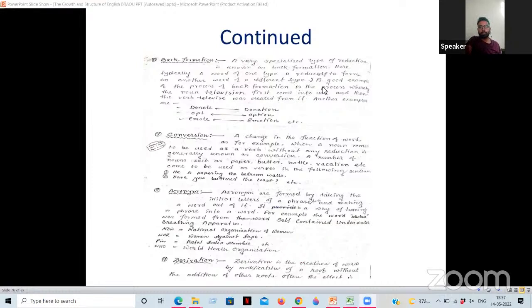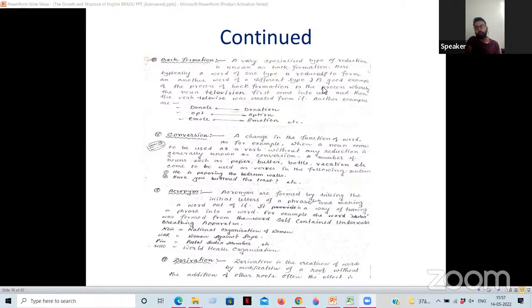The difference between them is that when you take the initial letters from a phrase or a sentence or a word, and it has a meaning in reality, that will become an acronym.